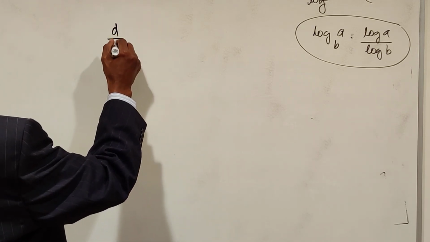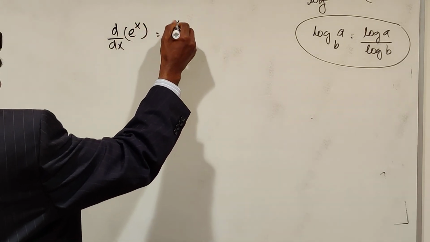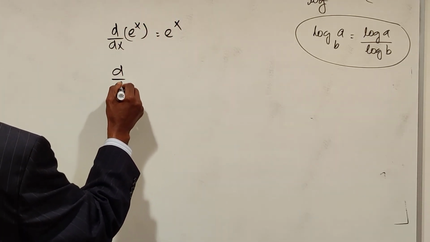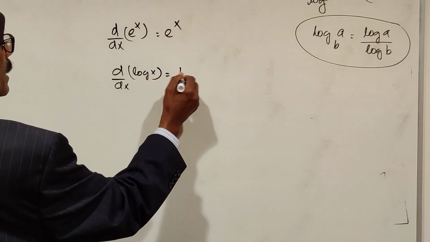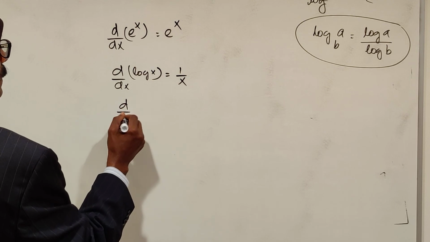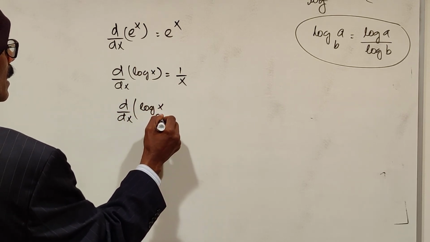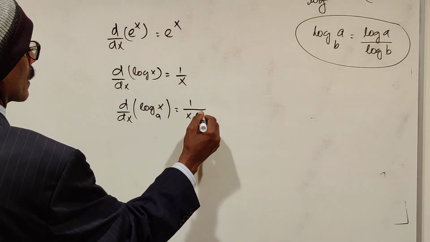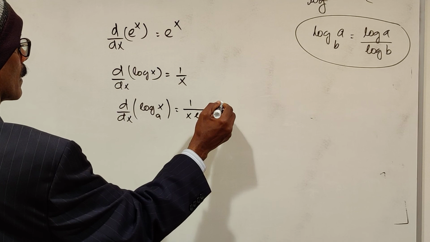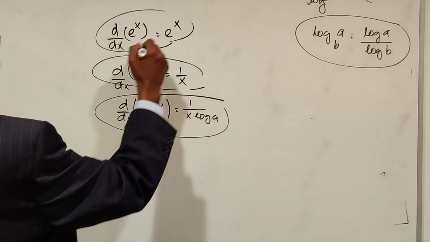D by dx of e raised to x is equal to e raised to x. D by dx of log x is equal to 1 by x. D by dx of log x to the base a equals 1 by x log a. There are 3 formulas.